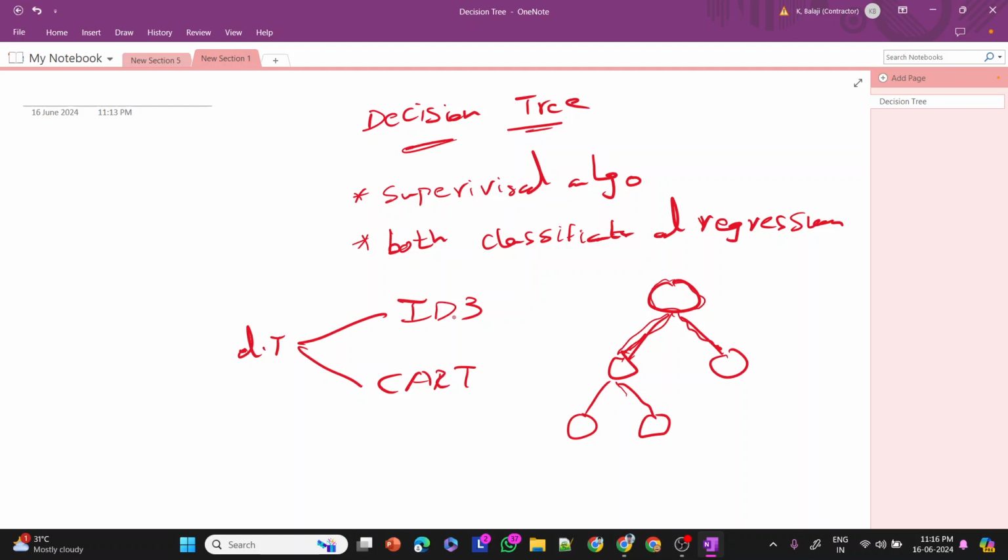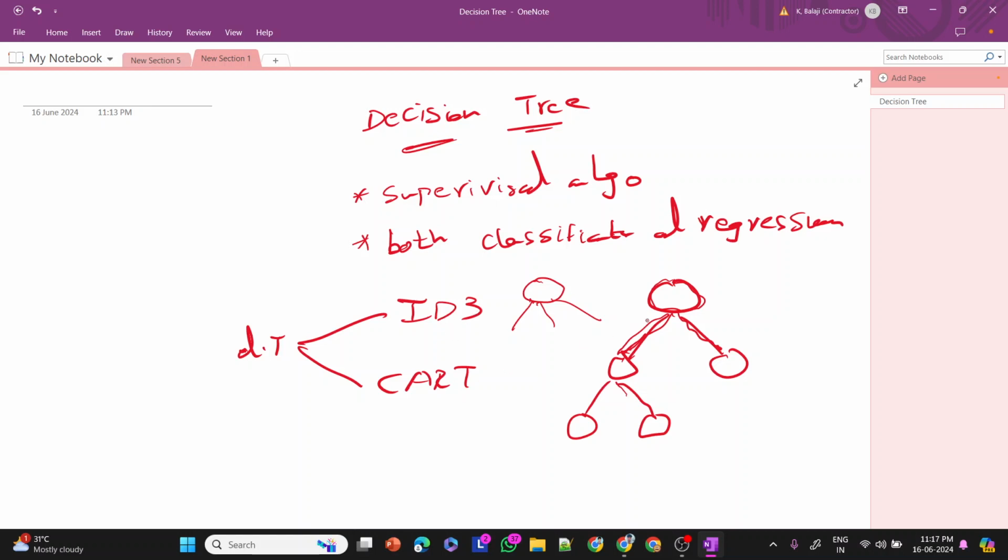But in ID3, a root node will have sub nodes that can be more than two, or two. This is the difference between CART and ID3.